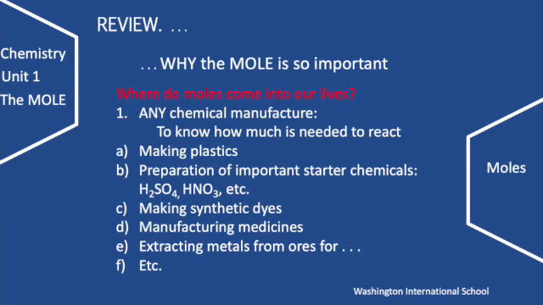And then, just in case you weren't sure where moles come into our lives, making plastics, so 1 to 6, you could have mentioned 6 different plastics, of course, because how much of each material are you needing in an equation? It's a mole ratio that's reacting.